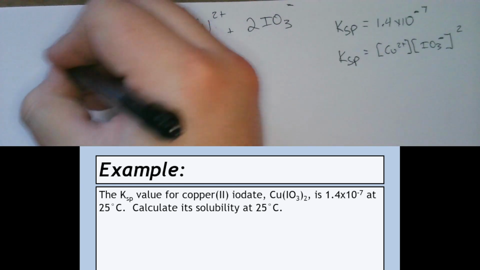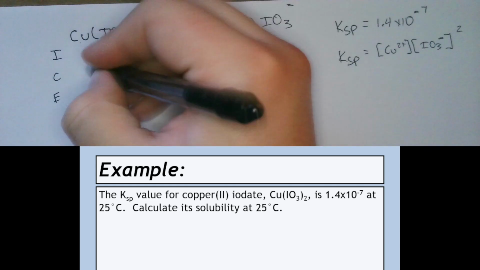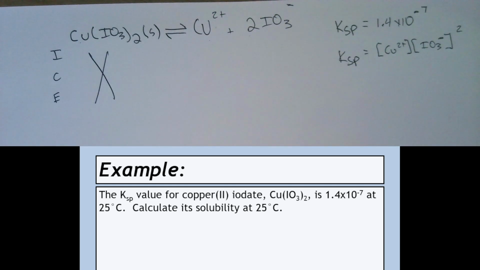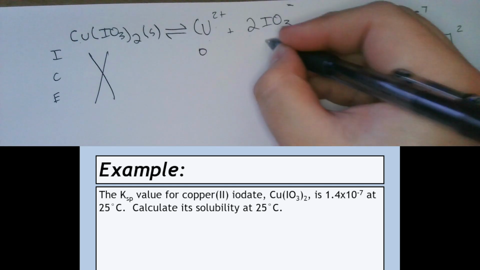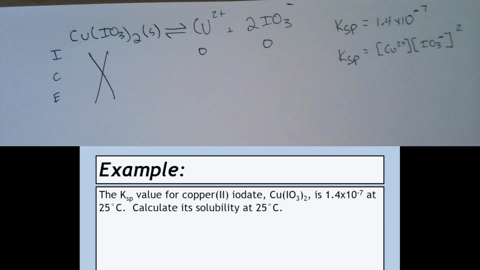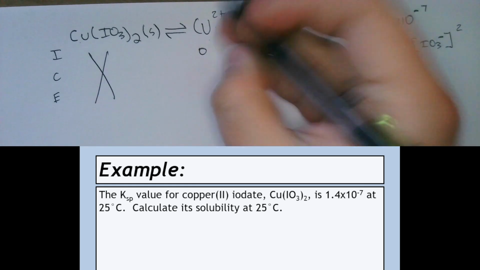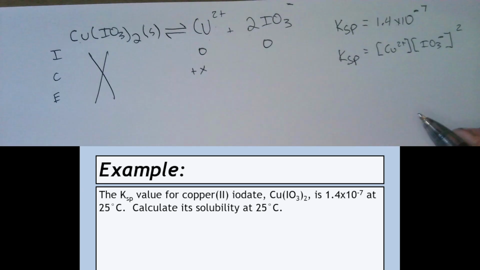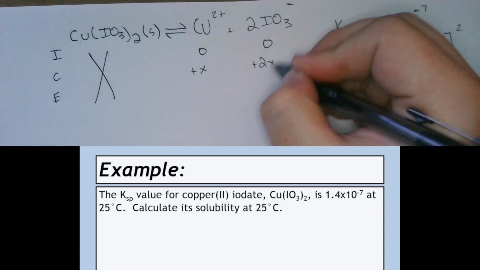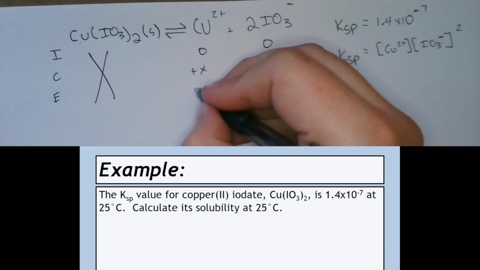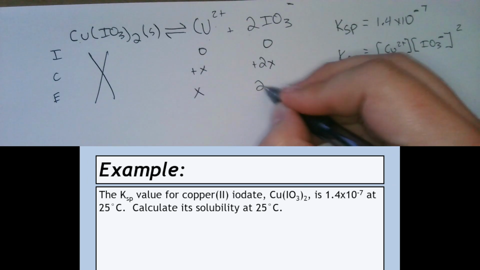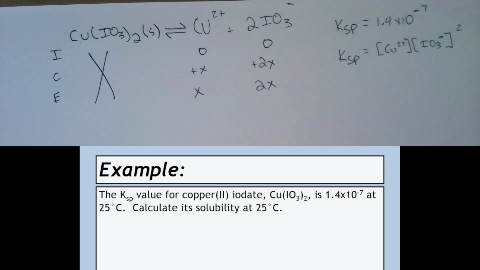I'm going to set up my ICE table, starting with nothing here. A little bit of this is going to dissolve into this, so I'm going to do plus x over here, plus 2x over here. And I'll get x, and then I'll get 2x. If I can find x, that is my answer.